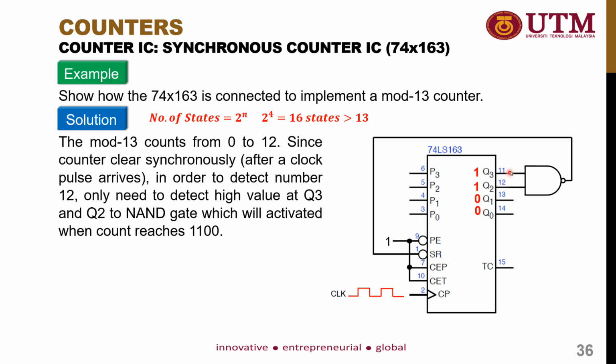So Q3 and Q2 will both be connected to the NAND gate so that the output of the NAND gate will produce an output of 0 and it will be given to the SR. So at 1100, the counter will be reset and it will start counting again from 0 to 12, because 1100 is equal to the number 13. We don't want the number 13 inside our counter because it only counts from 0 to 12. Alright.